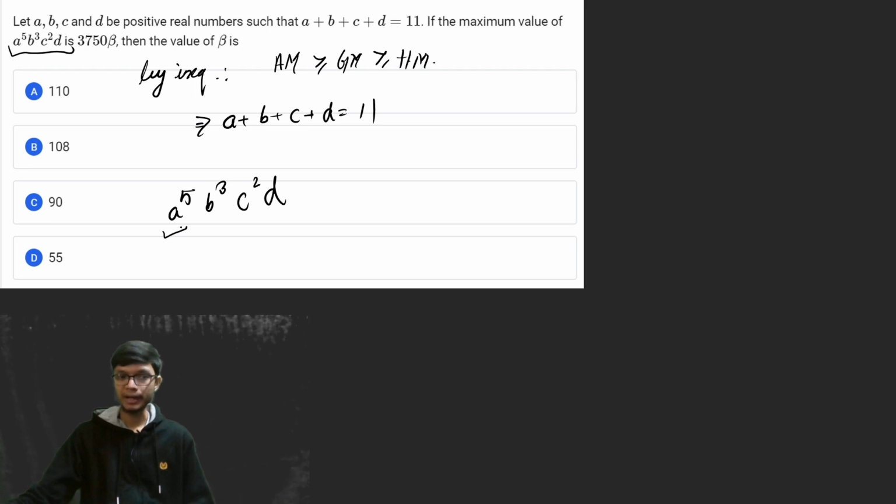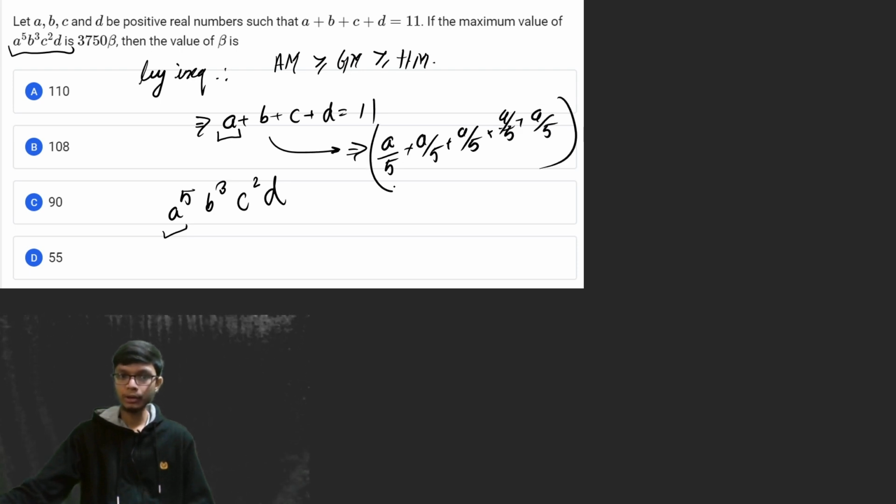A to the power 5 is obtained when I multiply A five times. So instead of that, if I write A as A by 5 plus A by 5 plus A by 5 and so on, up to 5 times of A by 5, this will be equal to A. Similarly, B cube is given, so I write B as B by 3 plus B by 3 plus B by 3, and similarly C square is given, so I write C as C by 2 plus C by 2, plus D.